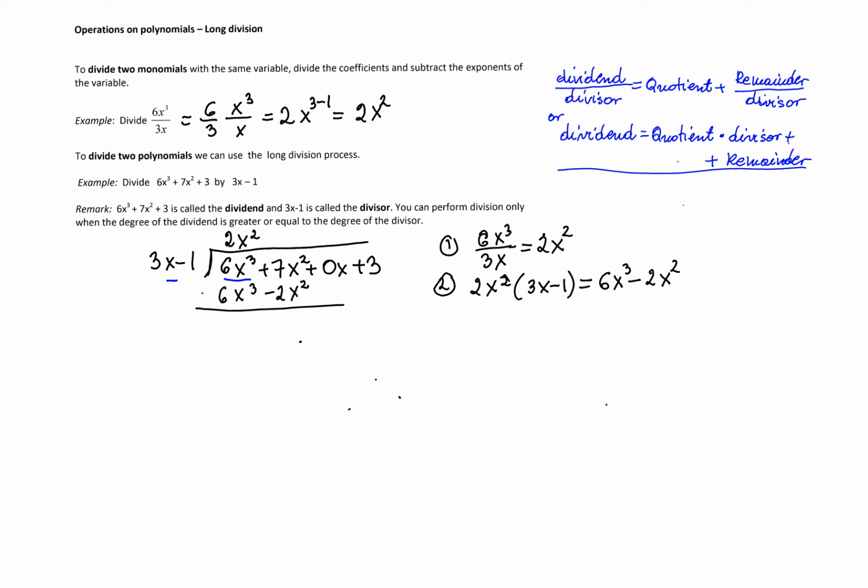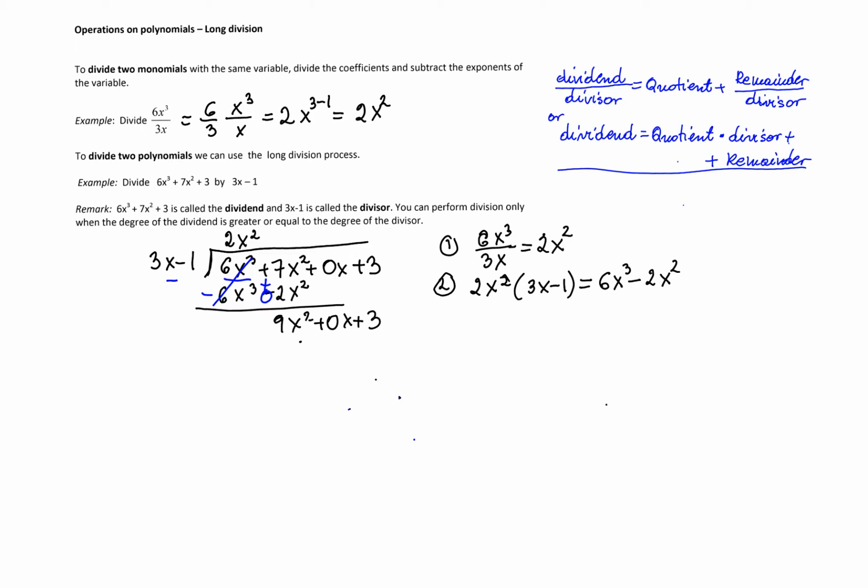We subtract those two polynomials, the dividend and that product. Subtracting means changing sign everywhere and adding, so as a result we'll get 9x squared plus 0x plus 3. That 0x term is only a placeholder.